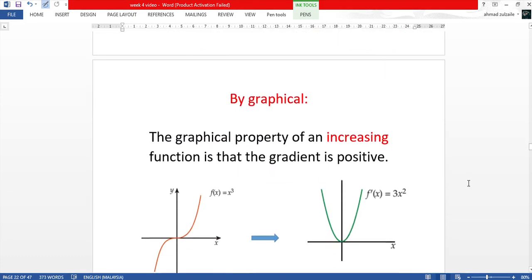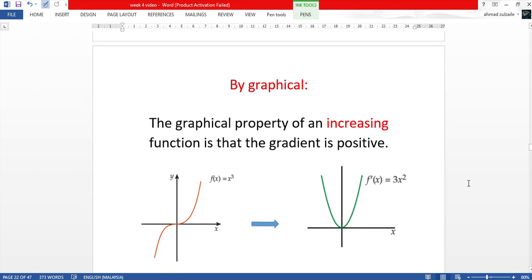Okay, by graphical, it is the easiest. We look for the area where the graph lies when you sketch the graph of gradient. Meaning, say you already have the graph of f x. Then you have to draw the graph of gradient, meaning sketch the graph of f prime x.